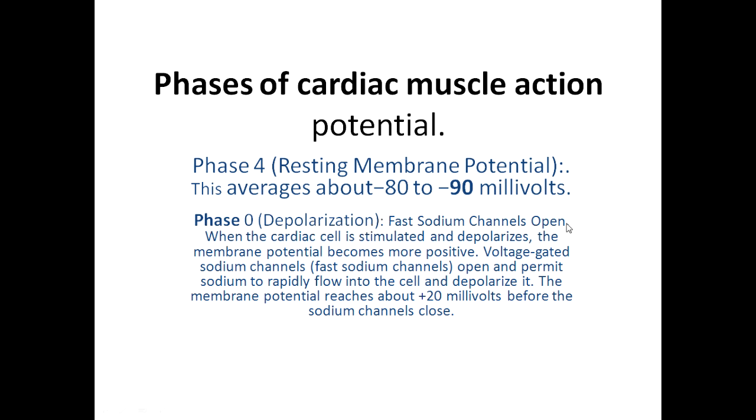How does this depolarization occur? Fast sodium channels open when the cardiac cell is stimulated and depolarizes. The membrane potential becomes more positive. Voltage gated sodium channels, the fast sodium channels, open and permit sodium to flow rapidly into the cell and depolarize it. The membrane potential reaches about plus 20 millivolts before the sodium channels close.